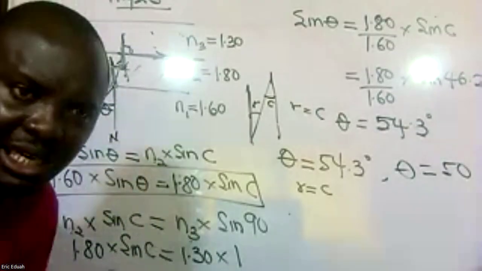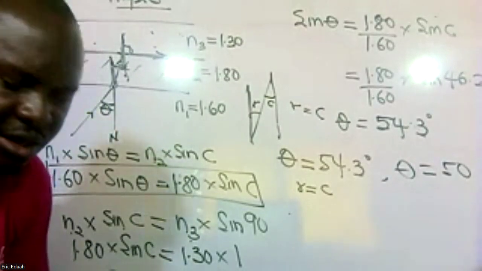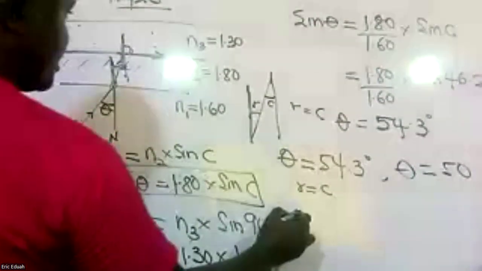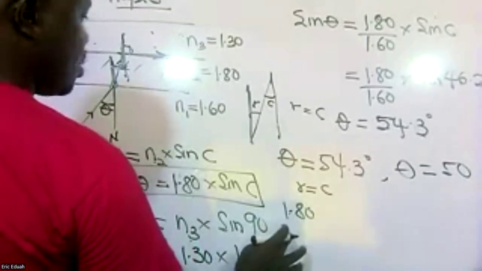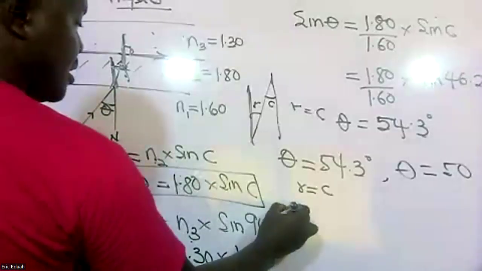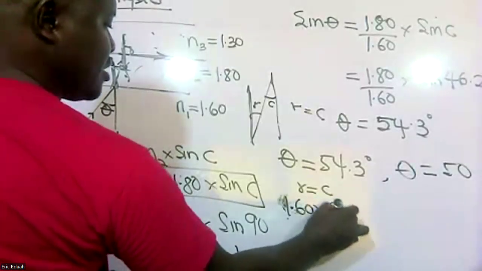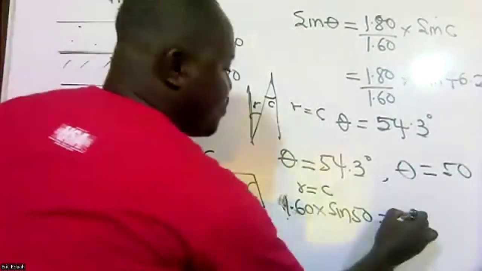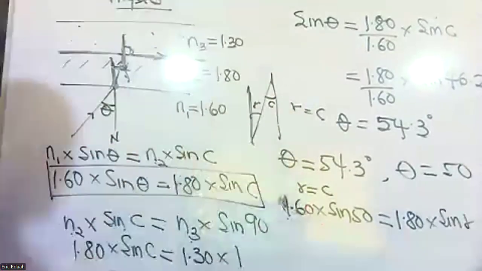If total internal reflection occurs, then there wouldn't be any refraction in material 3. I must first calculate R or C. So 1.6 times sine of 50 must be equal to 1.8 times sine of R. Leslie, are you here?